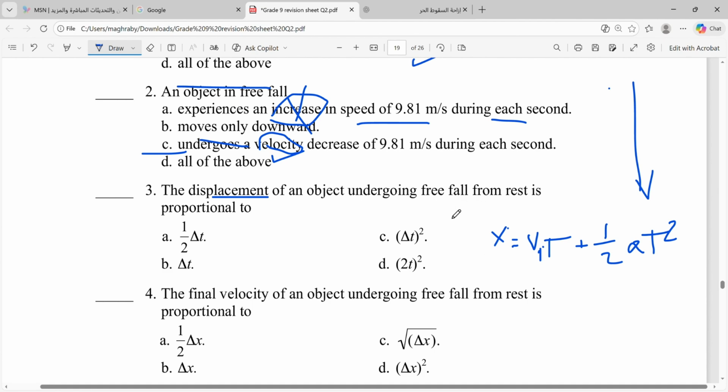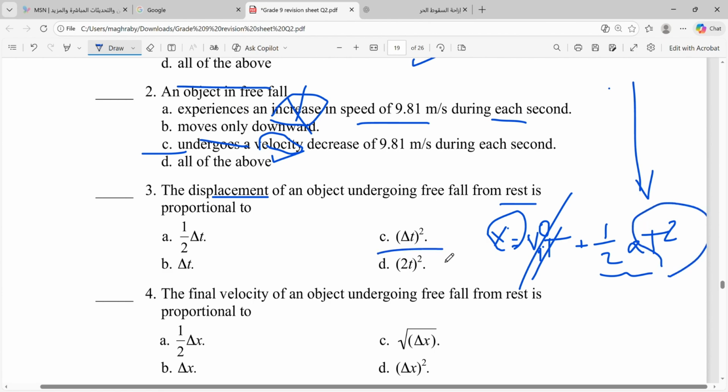Since v initial is 0 because it's a fall from rest, this part is equal 0. 0 times t, so all of this part is equal 0. And a is constant because this is free fall acceleration, a constant acceleration. So the x is directly proportional with t square.